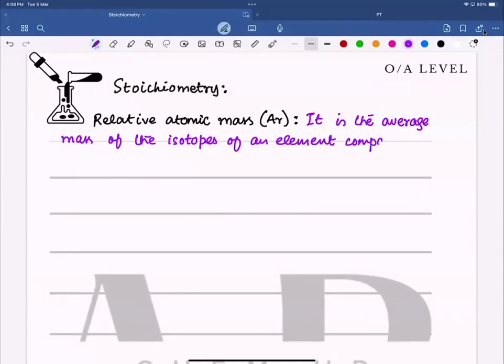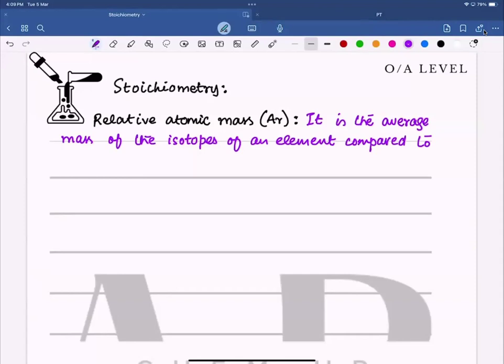Do you remember what are isotopes? Yes, sir. Same number of electrons and protons with different number of neutrons. The atoms having a different number of neutrons and the same number of protons and electrons.